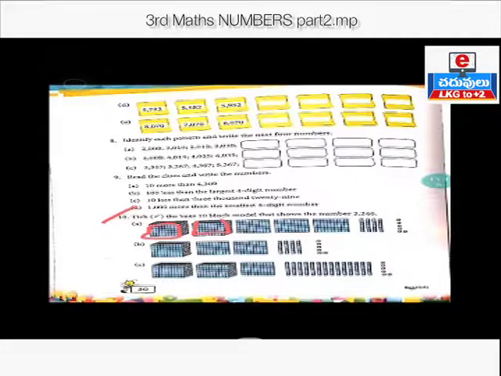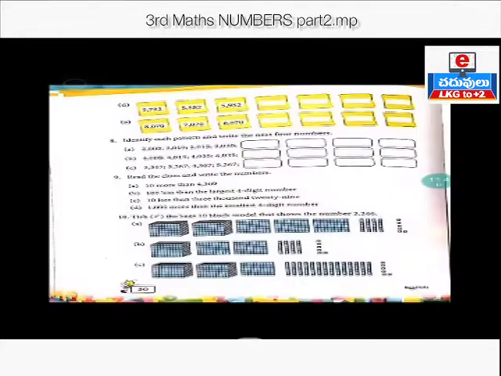This is a thousands block. This flat is 100 block. Hundreds, 100 flat. So here this is a rod. They given 4 rods, no? This is 4 rods. This is units. So they given how many? 2000.